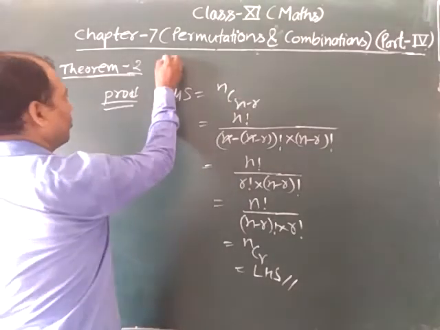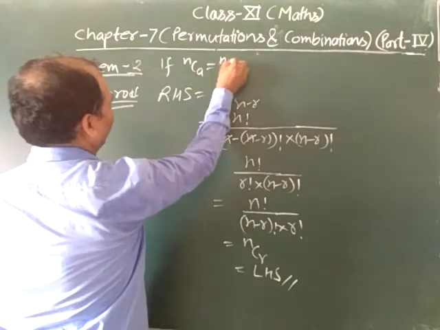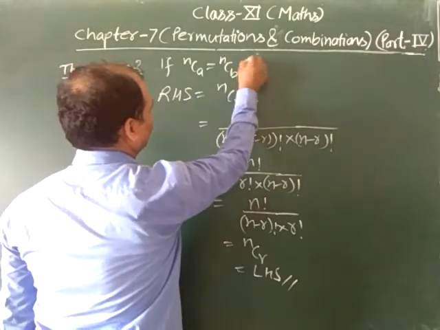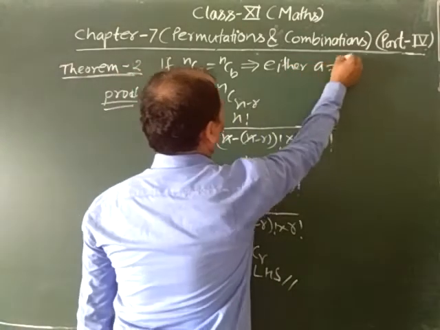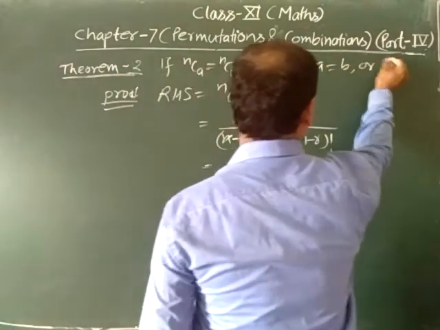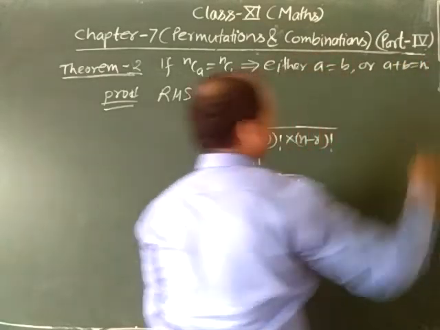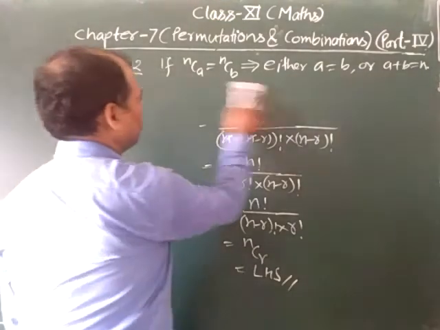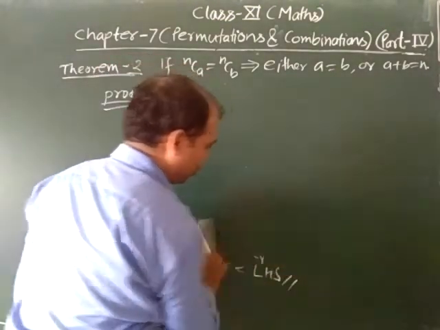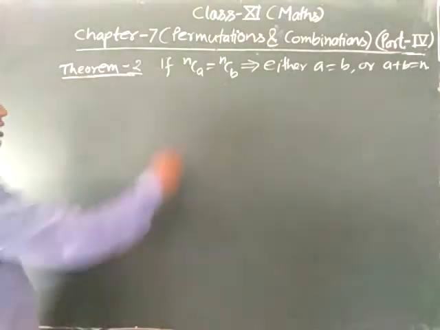In this theorem, if nCa equal to nCb, this implies either a equal to b or a plus b equal to n. So students, let us try to prove this.